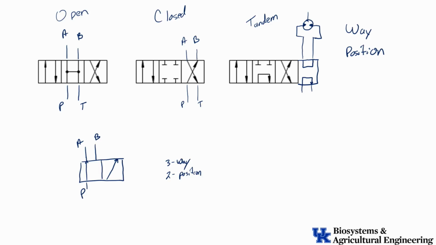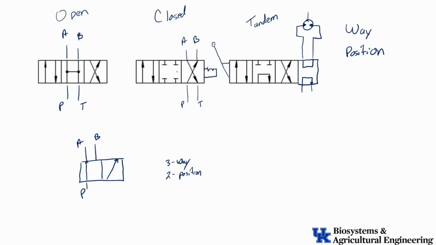The symbology can go crazy with it, so we can actually put symbols on here of how we actuate the valves. So that would be a lever that you would see on the previous picture with that valve stack where you had a lever on the end that would move them. We can have push buttons and things like that. We'll put something on the end that will have notches in it like this, and that indicates a detent.